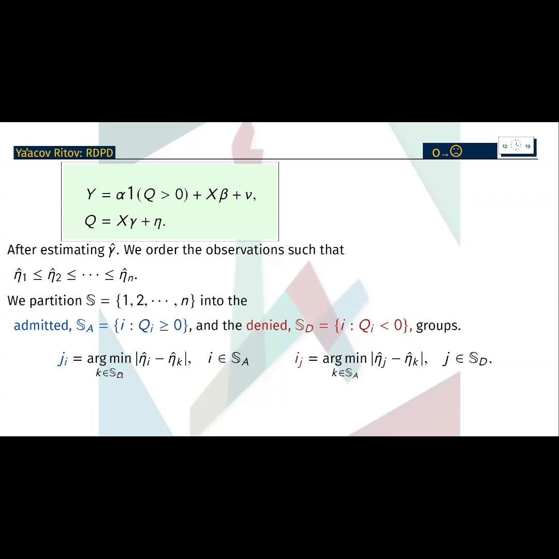For anyone in the admitted group, I match him with somebody in the denied group who has very close eta, and do vice versa. For anyone in the denied group, any J, I find the student in the admitted group who is closest to him in the sense of the residuals.